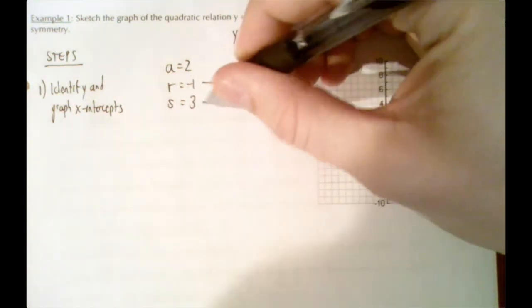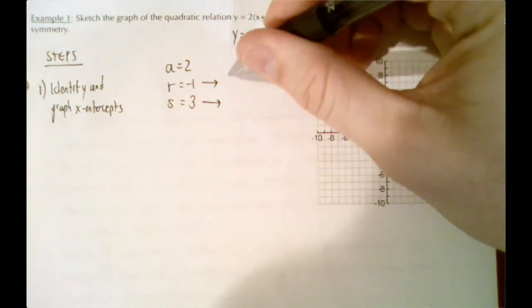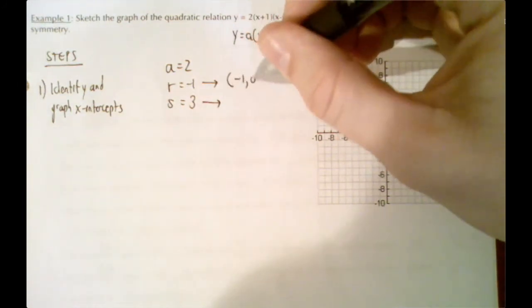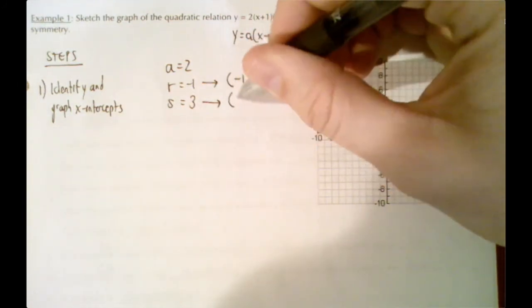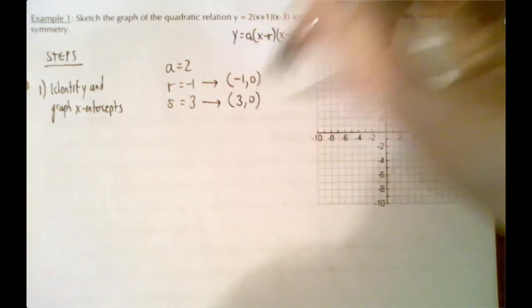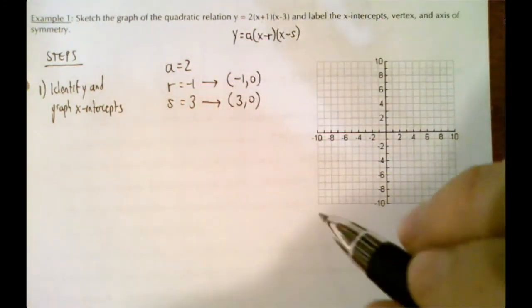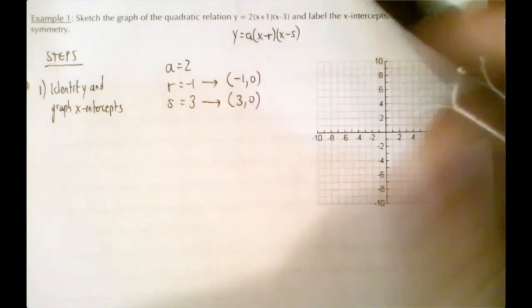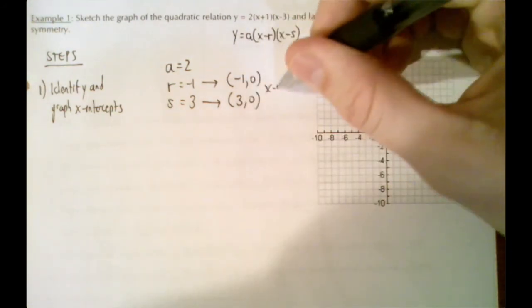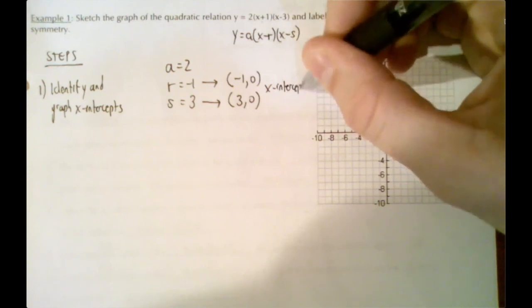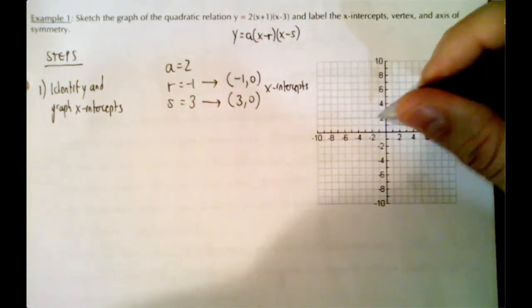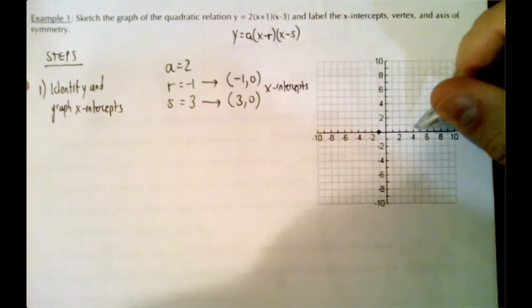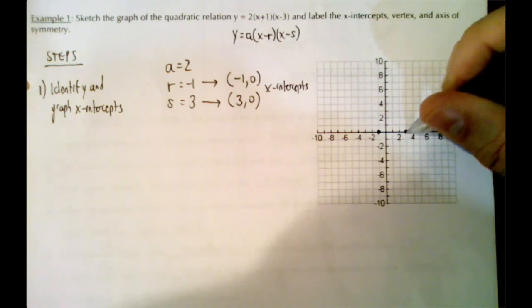R gives us an x-intercept, and s gives us an x-intercept. Our first x-intercept is -1, 0, and our second x-intercept is 3, 0. So now, from this equation, opposite signs, we have 2 x-intercepts. So let's graph them. Negative 1, 0, and 3, 0.